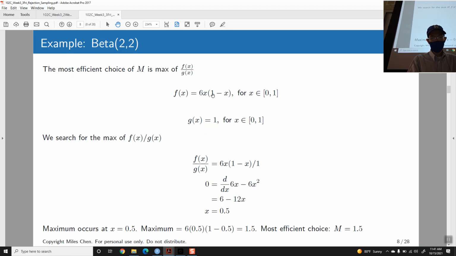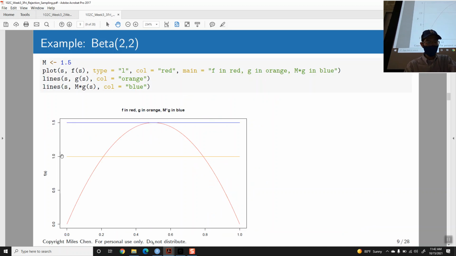Plugging in 0.5, f of x is 6 times 0.5 times 1 minus 0.5, which is 1.5. So f divided by g is 1.5, and our constant m is 1.5. When you multiply g times 1.5, it goes up there. This is no surprise, very simple.